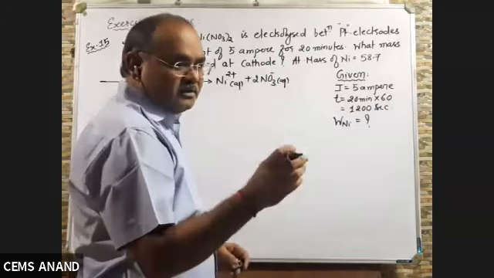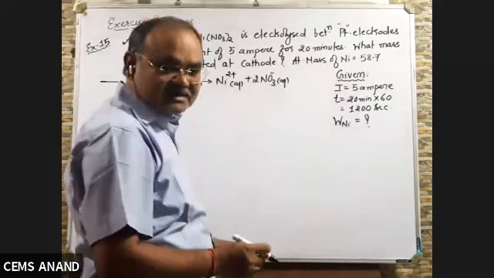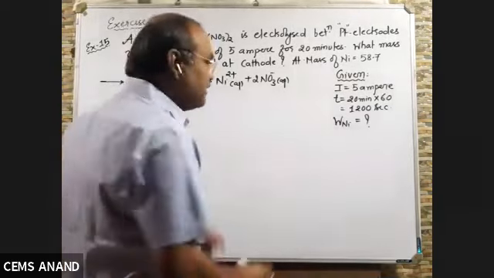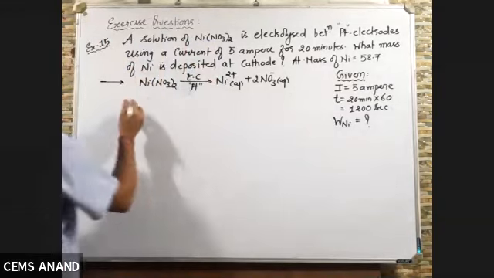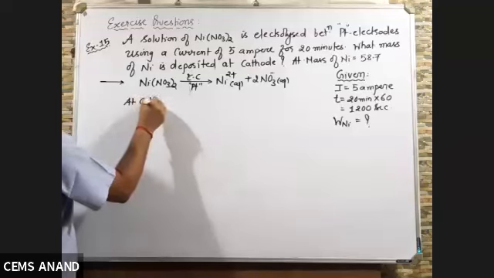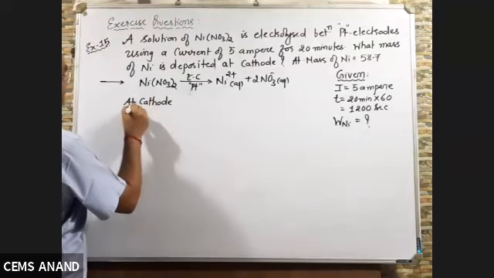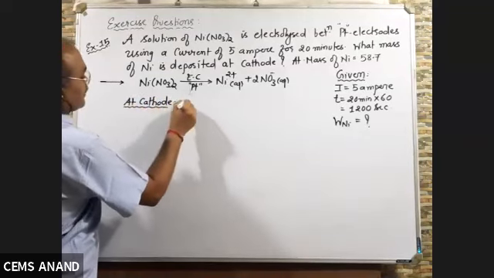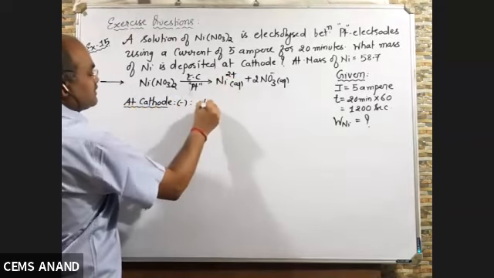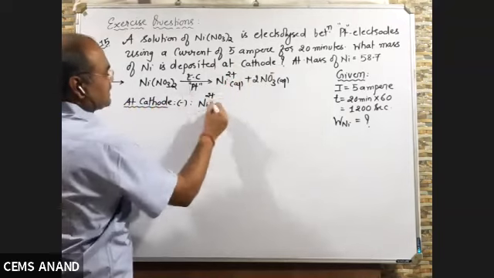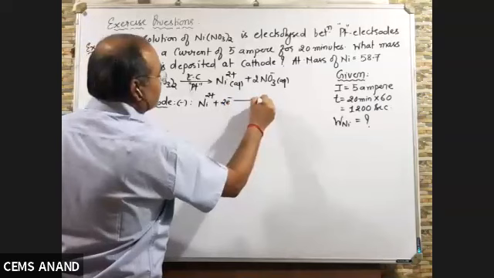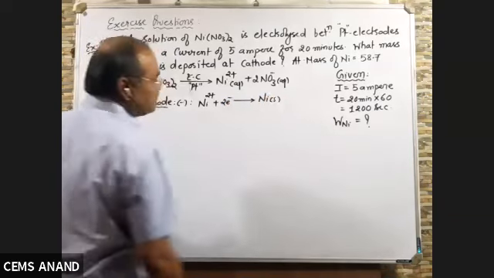Whenever this type of question is asked in MCQ, I told you one short formula. So we'll do it by both the methods. But here you have to show the method. First you can write at cathode. I told you cathode is negative. So who will be attracted at the negative electrode? Positive Ni2+, and only Ni2+ is asked. So Ni2+ takes 2 electrons and gets deposited as nickel solid.